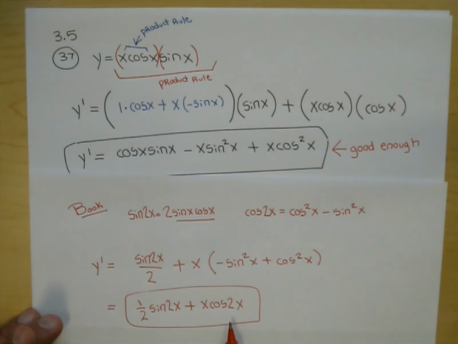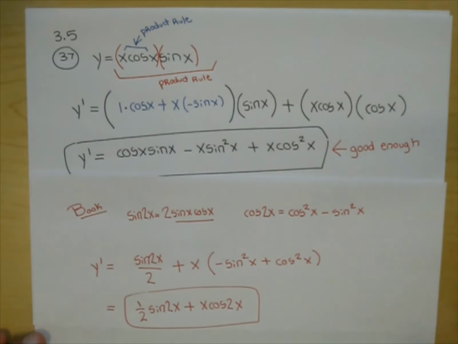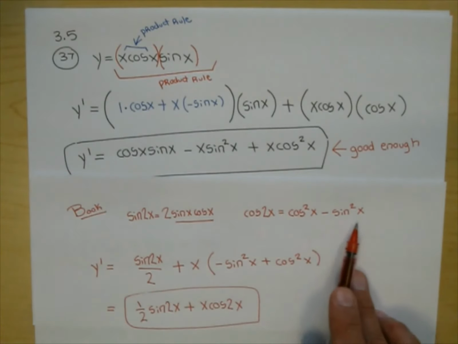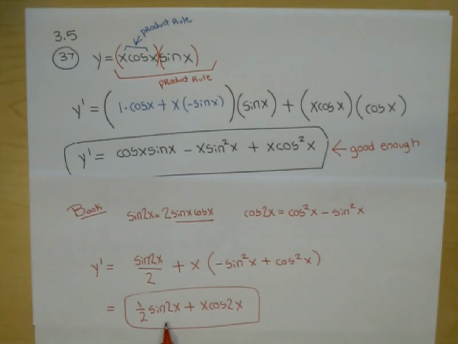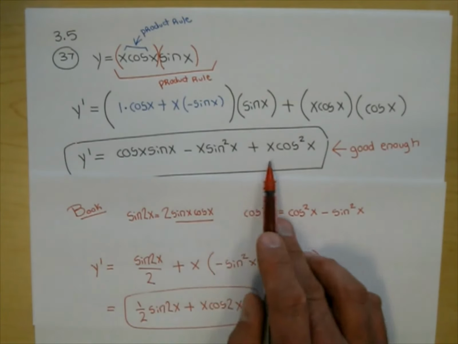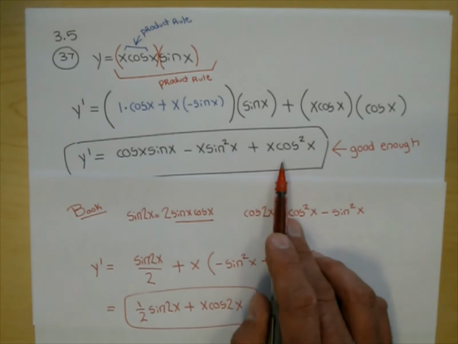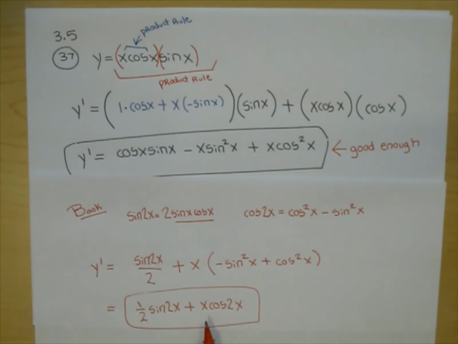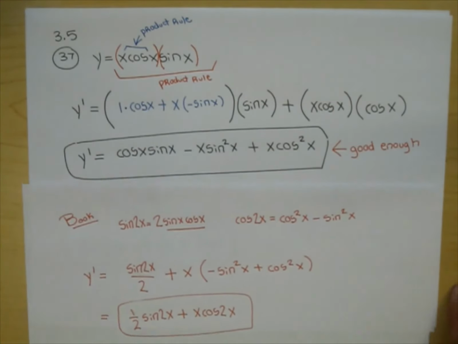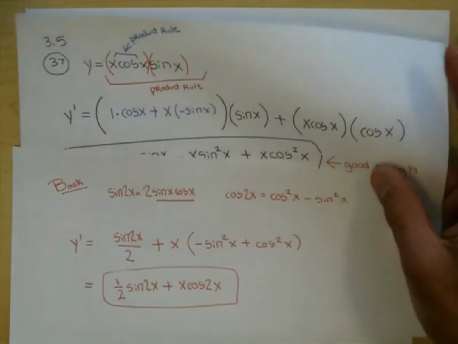It's the drippy faucet, and after a while people say, that's it, I am becoming an English major or whatever. So don't worry about this, but some of you would like to know, where did the book get their answer? It's because they were like, hey, let's do a bunch of trig identities. They have nothing better to do than psychological warfare. And there it is.